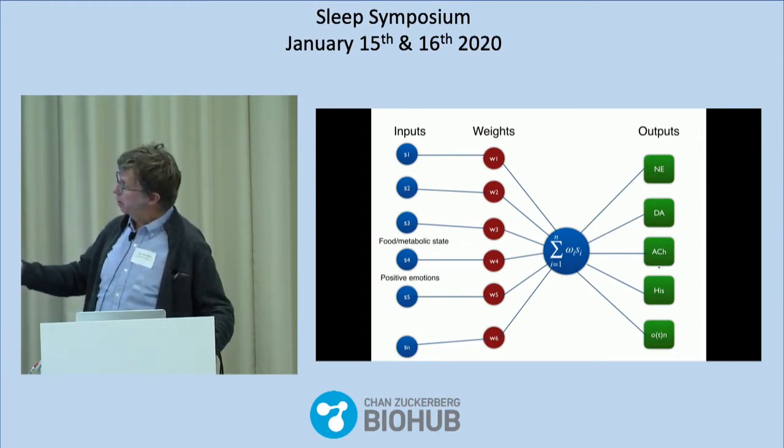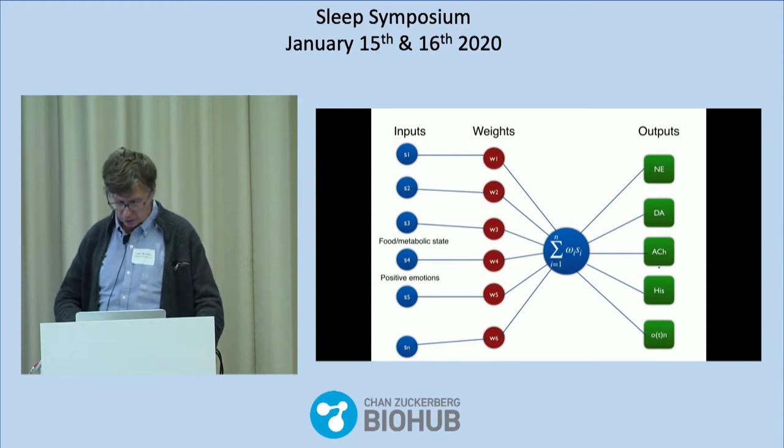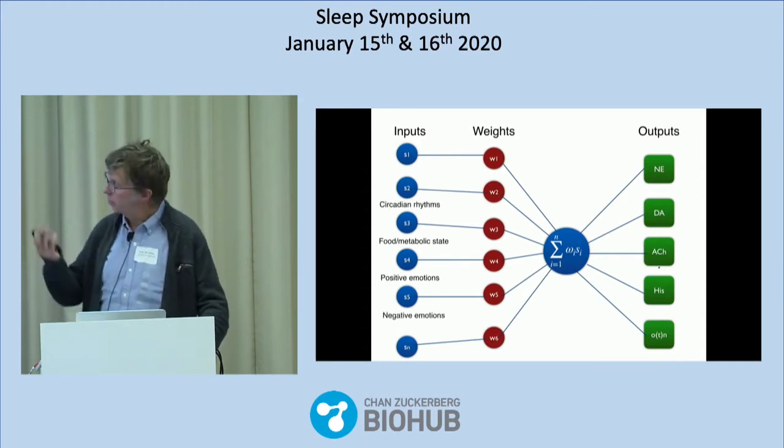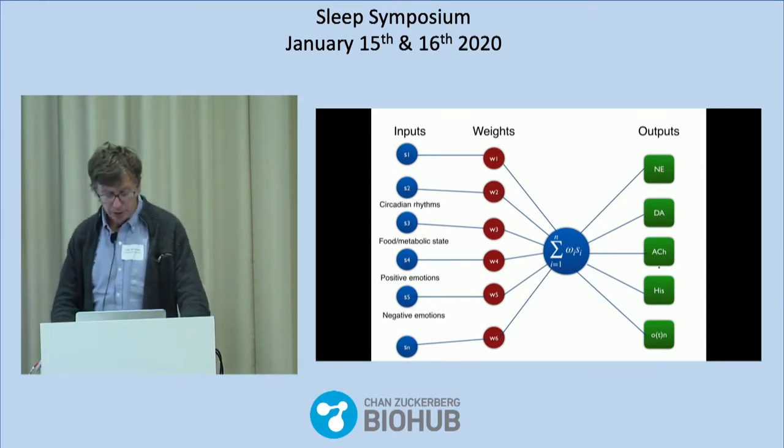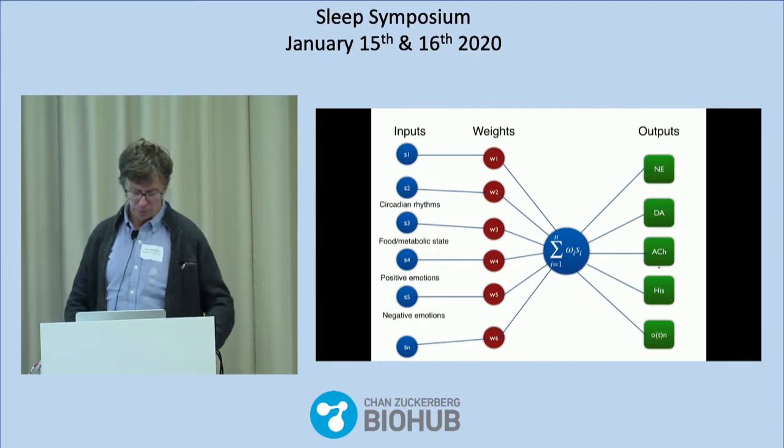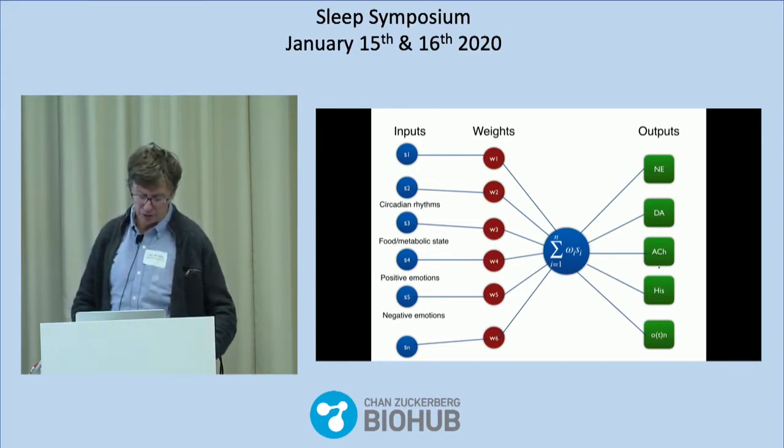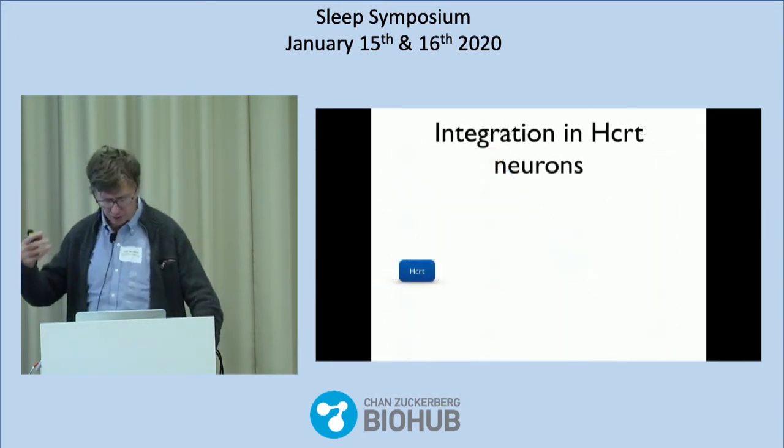It includes food, metabolic state, circadian rhythms, as we've seen throughout the day. Positive and negative emotions. We know that availability of food and a sex partner inhibits sleep. Negative emotion, stress, also inhibits sleep. And of course, sleep homeostasis and history and so forth.